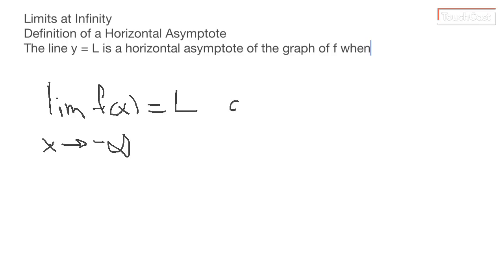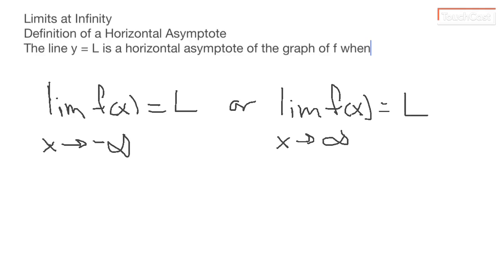Or we can have the limit of f of x as x approaches infinity equal L. If either of those cases happen, then we've got a horizontal asymptote at y is equal to L.